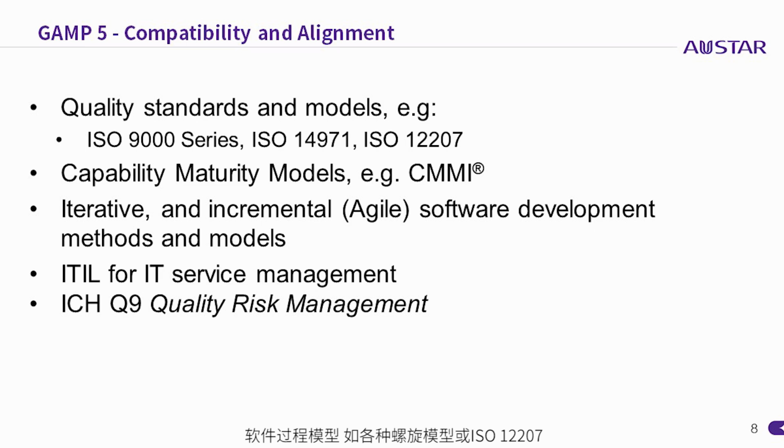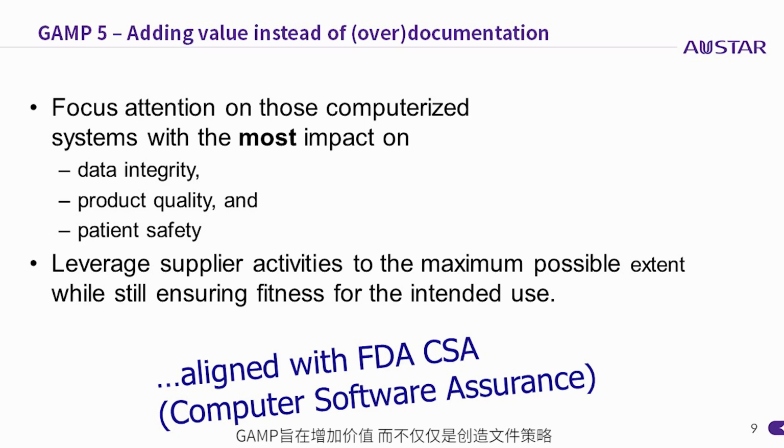Software process models, such as the various spiral models or ISO 12207. Software development methods such as rapid application development, agile, rational unified process, or extreme programming, and approaches to IT service management such as the IT Infrastructure Library, ITIL.